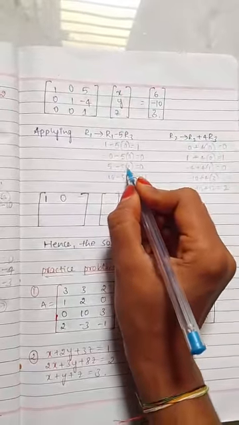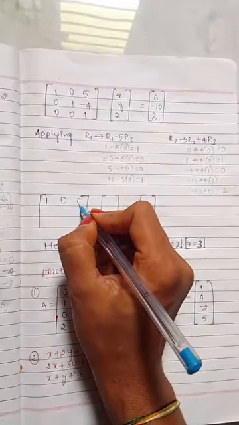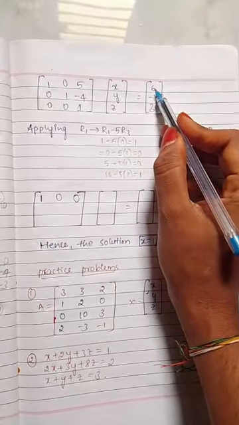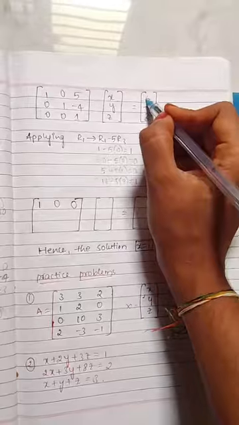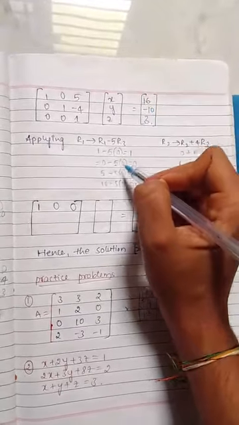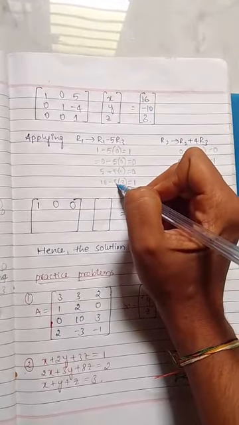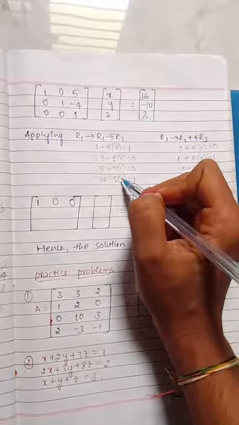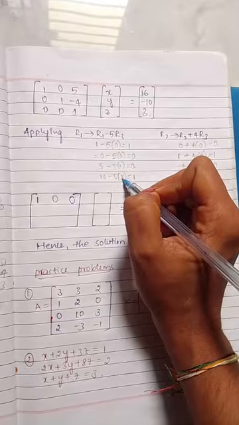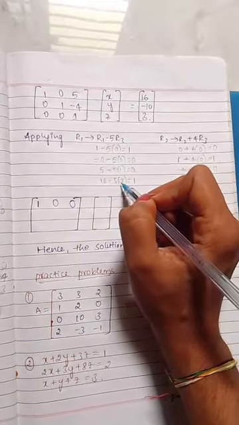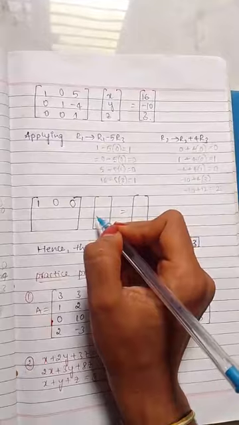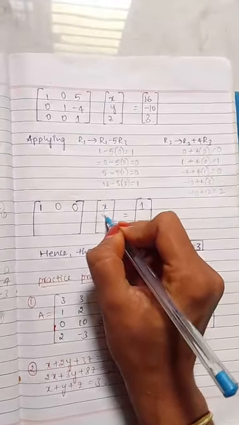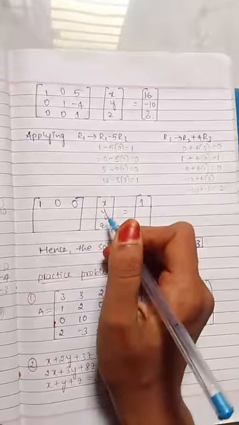It will be 5 minus 5, that is 0. Again here R1, it's 16. 16 minus 5 into R3, that is 3. 5 into 3, that is 15. 16 minus 15 will get 1. Write here 1. Write down the XYZ as it is.